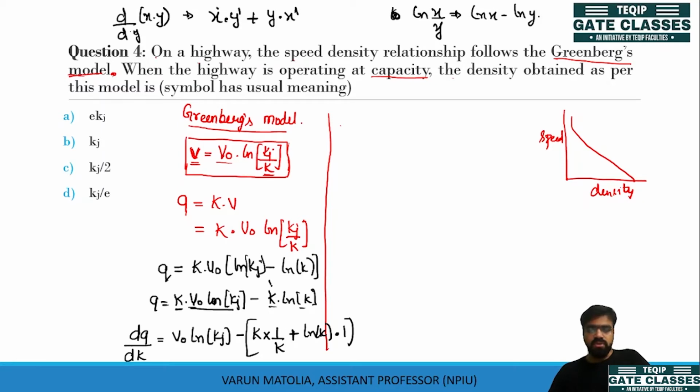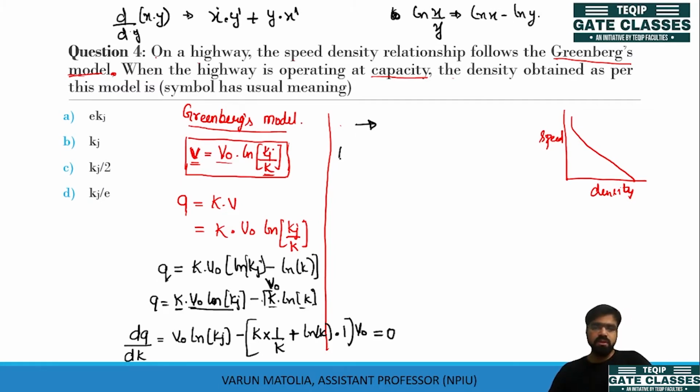There will also be a V naught here, because after opening the equation we have one V naught here also. Let us put this equation equal to 0. If this equation is 0, we can directly divide out V naught, or V naught can be sent to the right hand side.